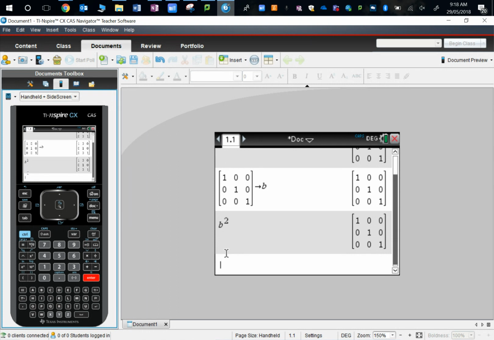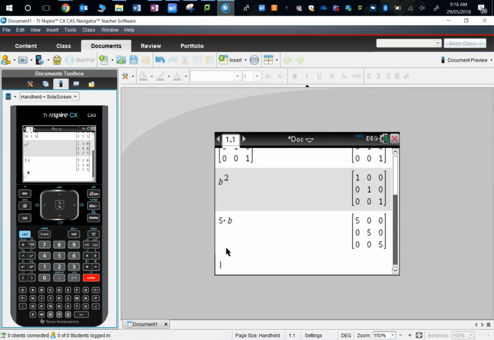Anything times an identity matrix is the same thing. But I can also say 5 times B and work out the answer as well. Or I can write A times B is not going to work, and so on.